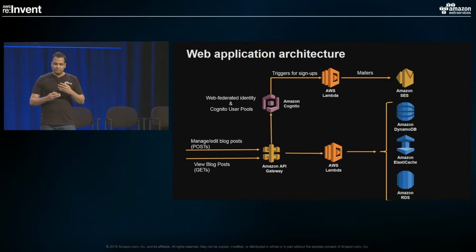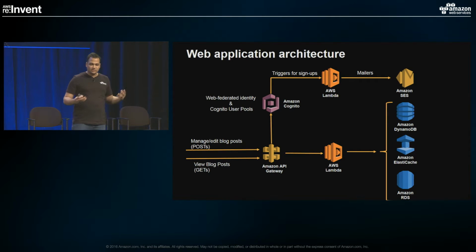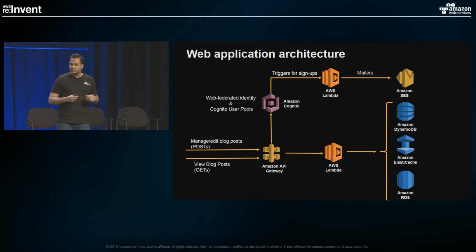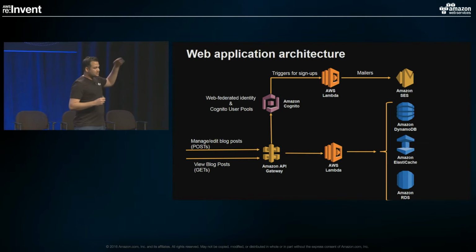They get authorization. So in this case, I'm using Cognito as an example for managing users. Cognito User Pools is a new functionality that we released. We have some demos that can go into detail of what it offers. And once the users connect to API Gateway, Lambda is your logic tier in this case, where the users can trigger for signups, and they get an SES email with a verification ID, and they can use that for login to your website.